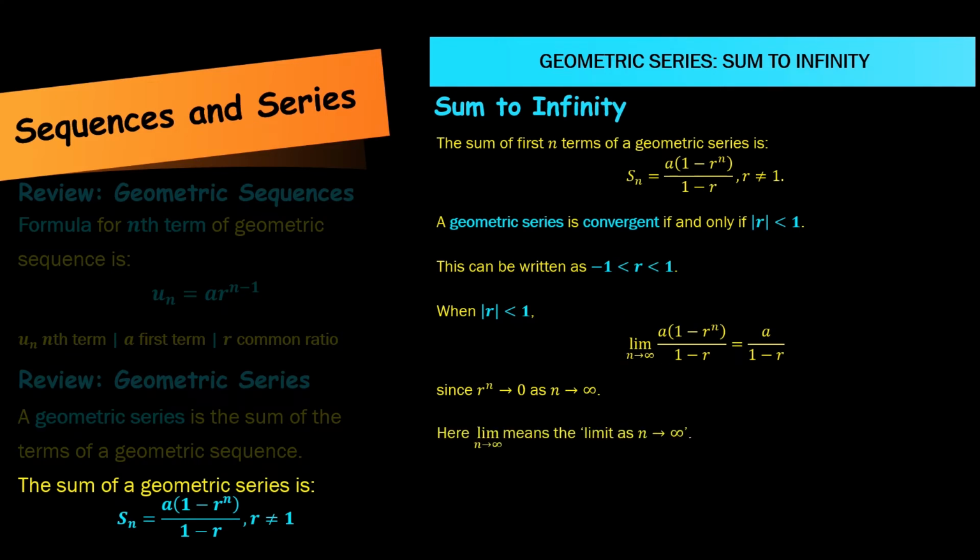And of course here, limit n tending to infinity is this symbol here. So for a convergent geometric series, the sum to infinity is s subscript infinity equals a over 1 minus r.